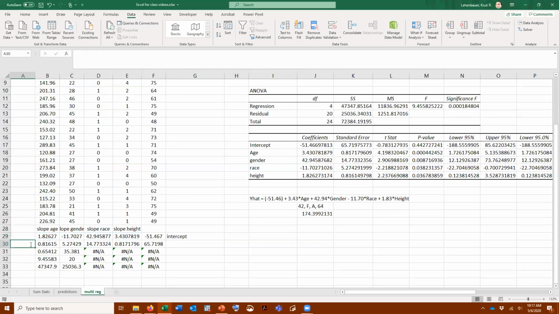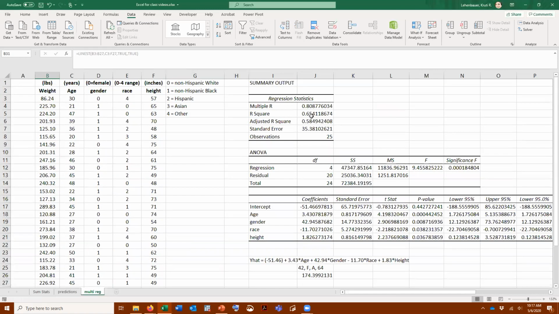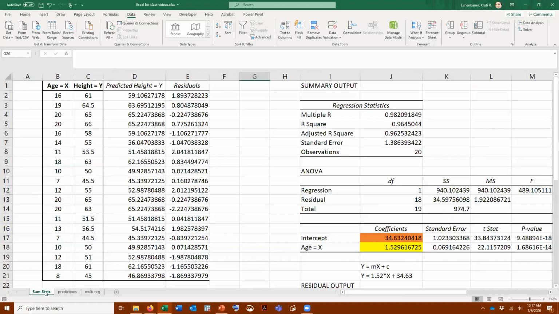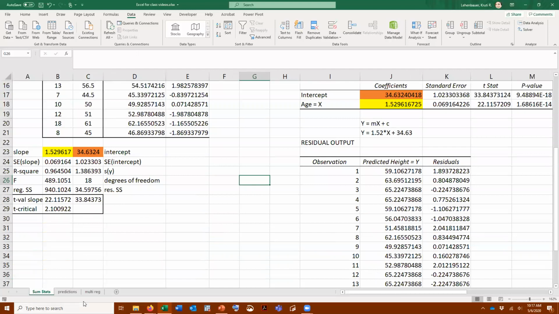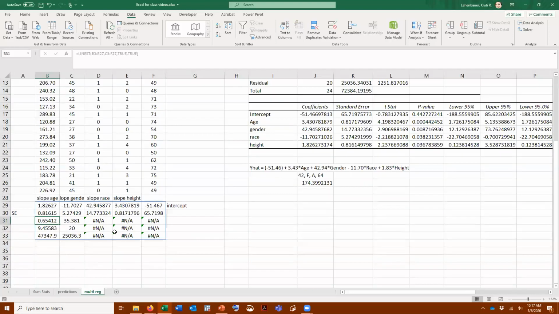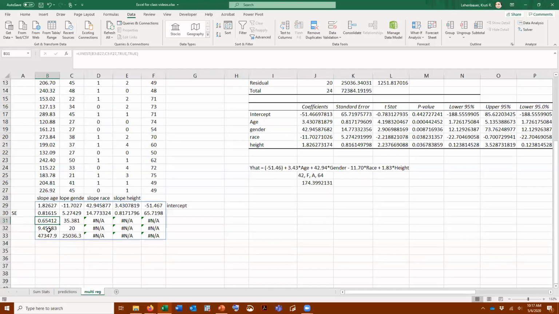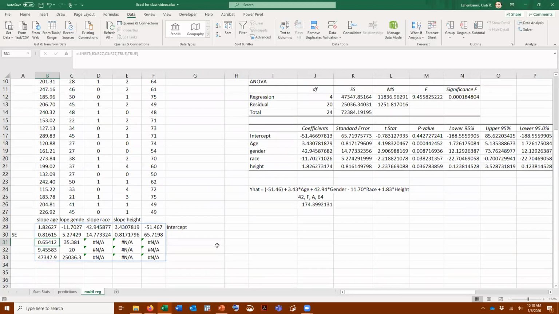These are the standard errors for the corresponding slopes. This is the R squared. Notice that's what we got here too. Degrees of freedom is 20 right here. And then we have the F value and the sum of squares given here. So you can use that.